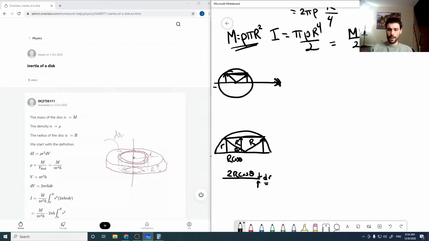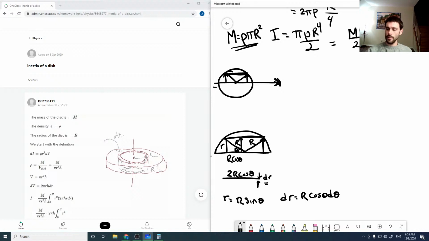But what's dr? Well, if we look, r is r sine theta, and we can actually define dr through differentiation here. So dr is then r cos theta d theta.